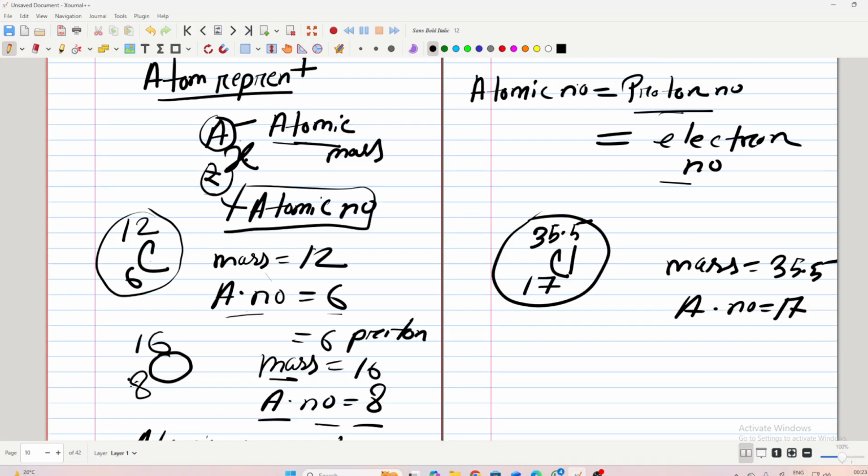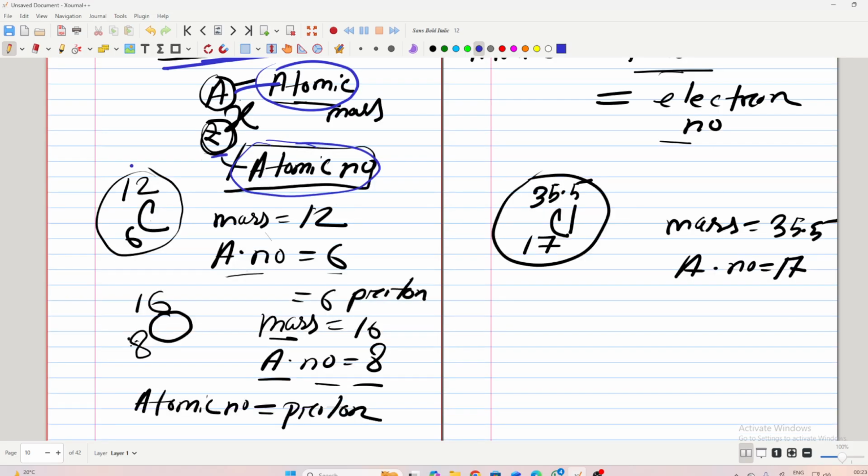If we take X as an atom, the atomic mass is written on the top of the symbol and the atomic number, or the proton number, is written here. So what we just learned: the atomic mass is on the top and the atomic number is under the symbol.